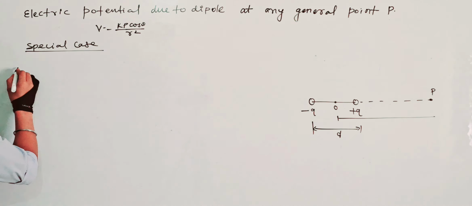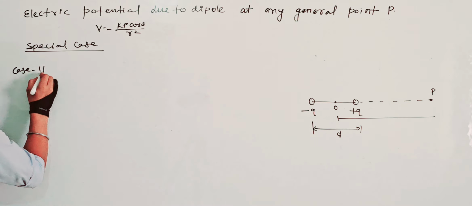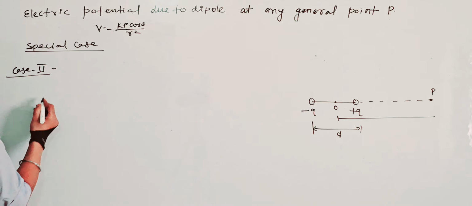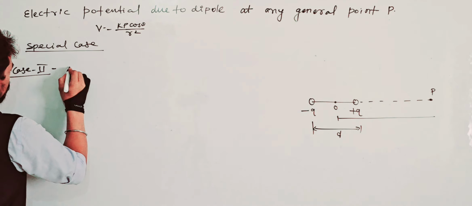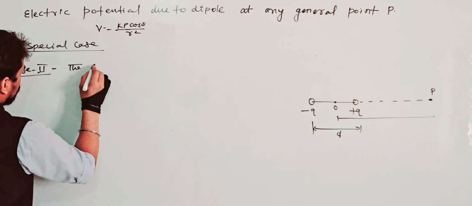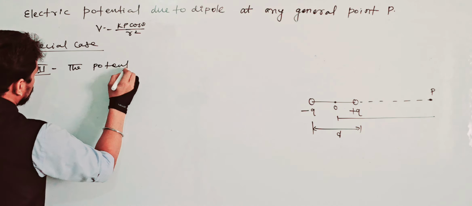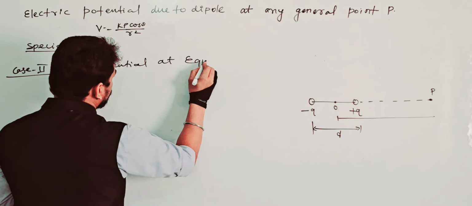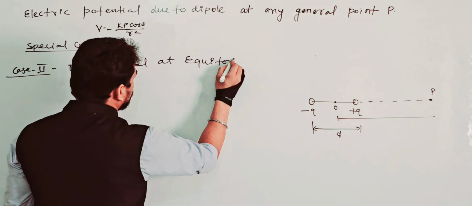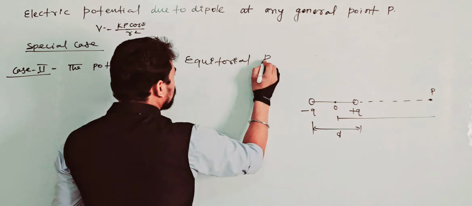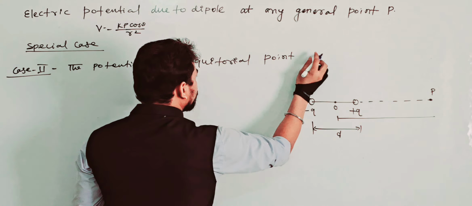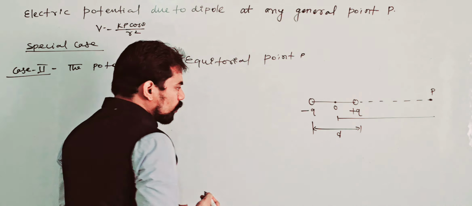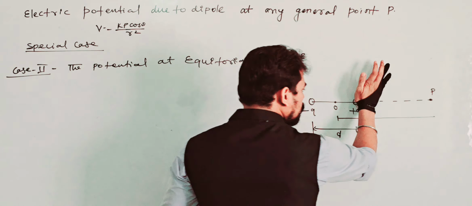Special case 2: the potential at an equatorial point P. What is an equatorial point? Erase this one.